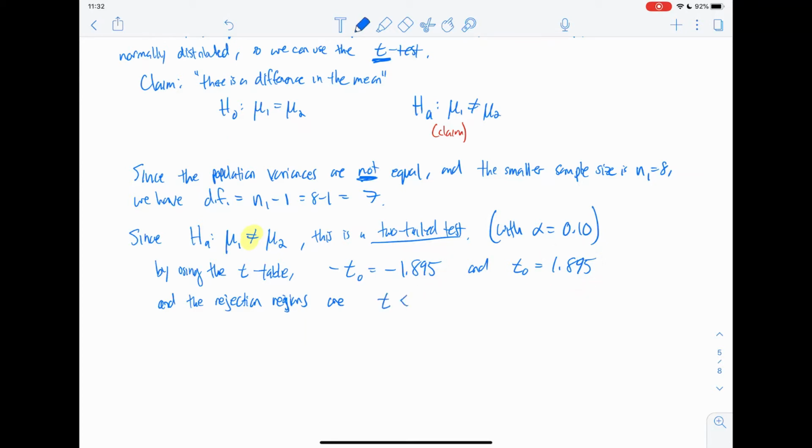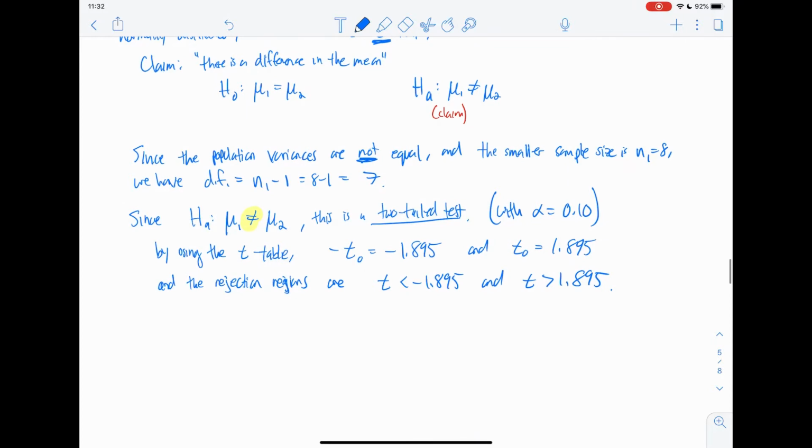So anything less than negative 1.895 and anything greater than 1.895. So now that we have our rejection regions, we now need to figure out what the standardized test statistic is so that we can compare it and figure out whether it does lie in the rejection region.